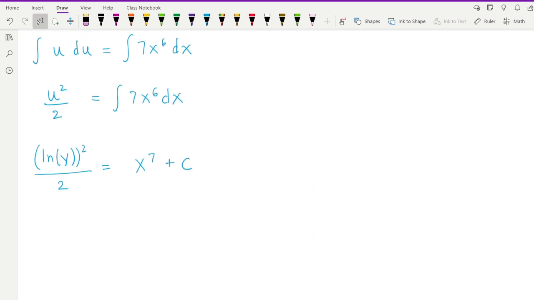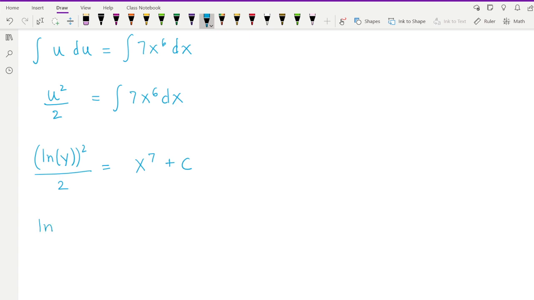Okay, so now our new goal is to solve for y. At this point, we're done with the calculus. Now it's really all about isolating y. So we want to peel back the layers, do everything we can to get this y by itself. First thing we can do is multiply both sides by 2.